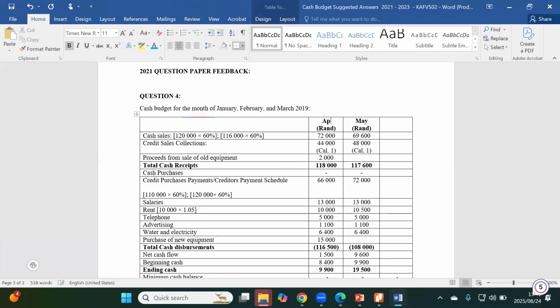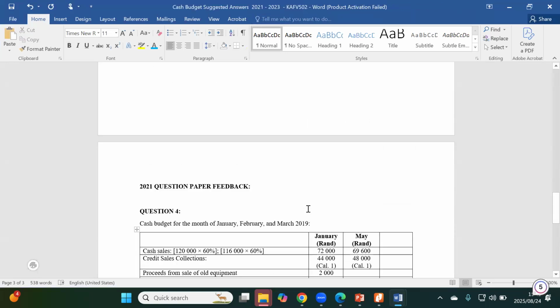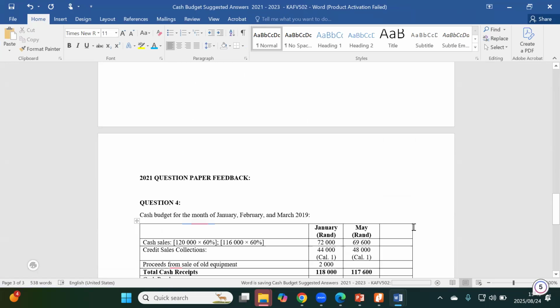This is January, that's February, and then that's March. Remember, everything is in rands.